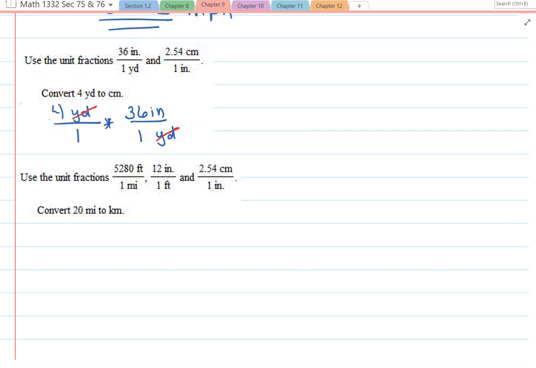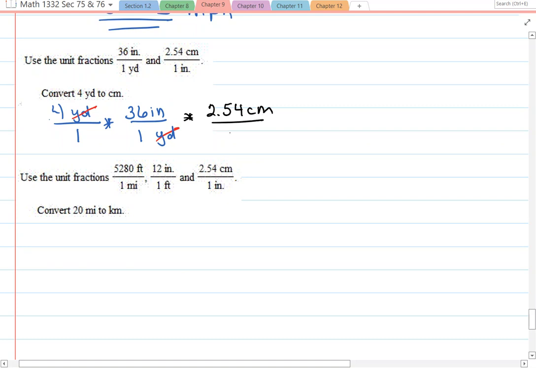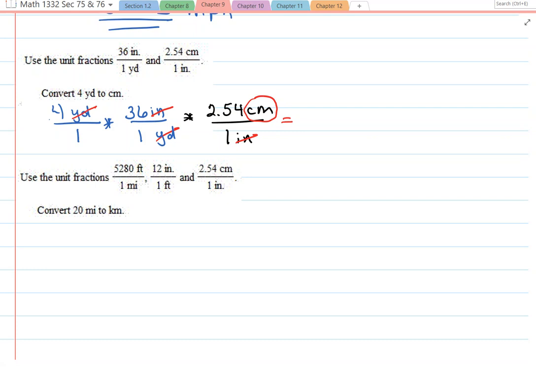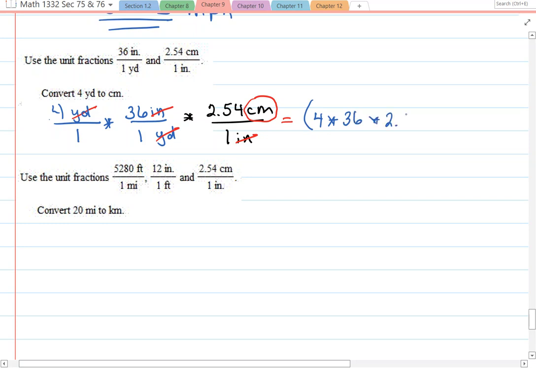So now I'm doing the next one. I'm going to multiply now by the 2.54 centimeters over 1 inch, because now the inches are gone and I'm finally at centimeters. I notice there's ones all in the denominator. So what that's going to be is 4 times 36 times 2.54 centimeters.